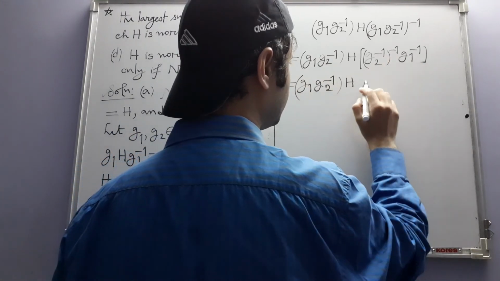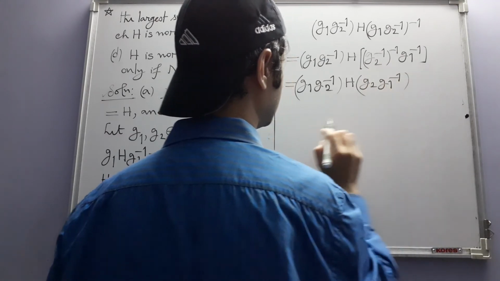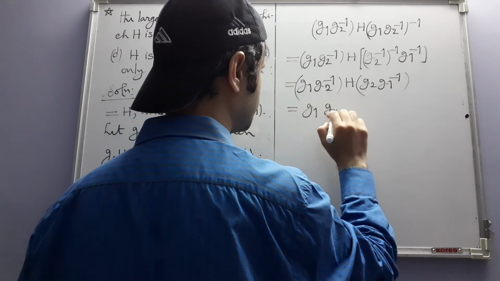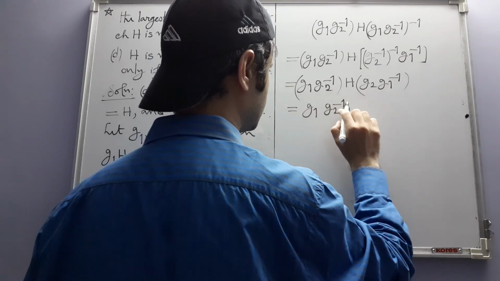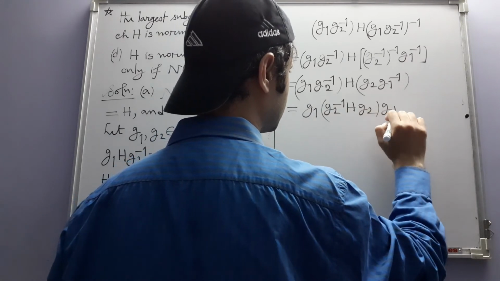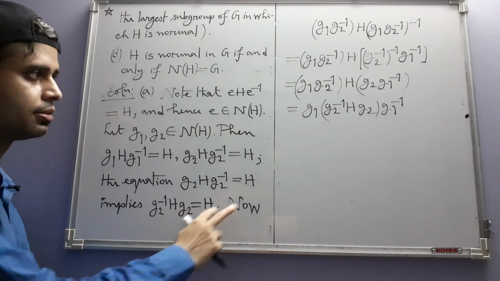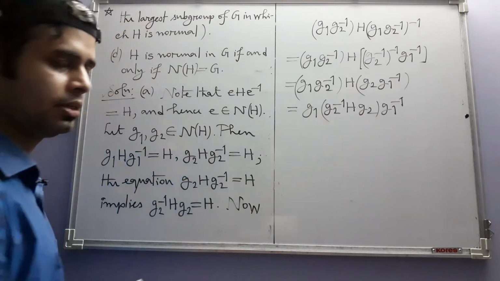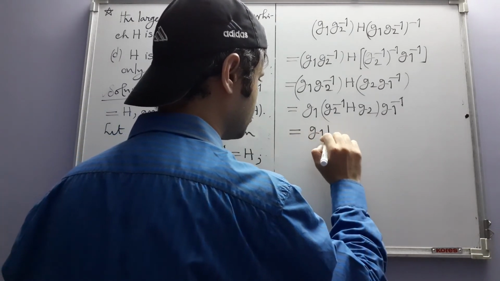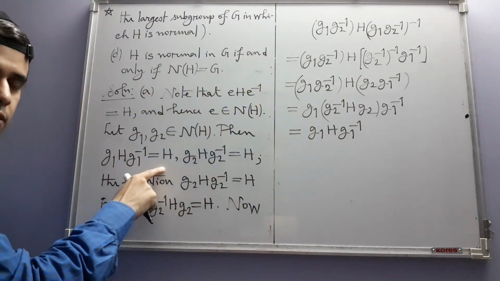So it is G1 G2 inverse H G2 G1 inverse. Because of associativity available in the group, this entire thing can be written like this. And that is why we needed this. So now this middle term is equal to H, and this is already equal to H from here.